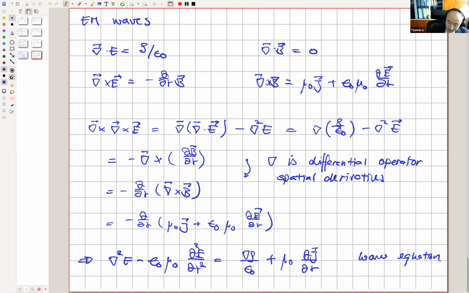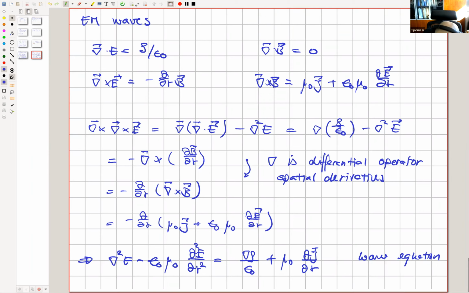Okay, now this is for the electric field. And to a certain extent, we hope to see some parity between the electric field and the magnetic field, the same as why, for example, Maxwell came up with the so-called displacement current. So let's see if we can recover the same thing, but now for the magnetic field.